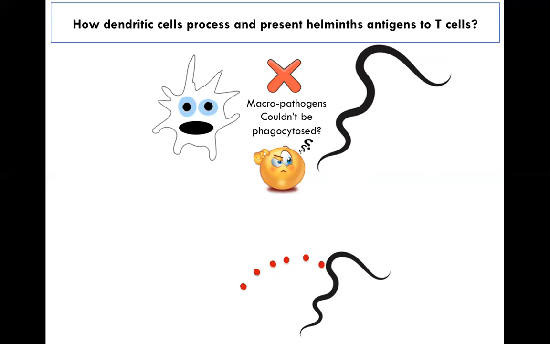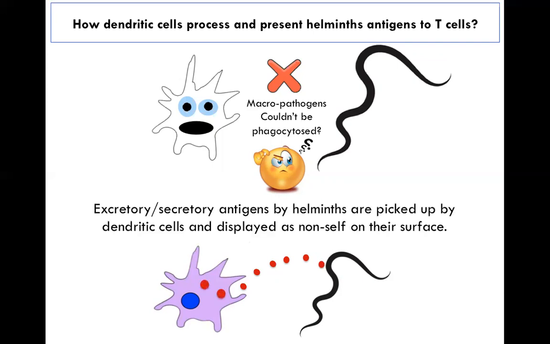These molecules, such as protease enzymes and glycolytic enzymes, are secreted from here, and they are called excretory or secretory antigens. Now these antigens can be taken up by the cells, picked up by the dendritic cells, and displayed as peptide-MHC complexes on their surfaces, as we have seen earlier. Then the helper T cells get activated, and the helper T cells give the response to kill that kind of pathogen.